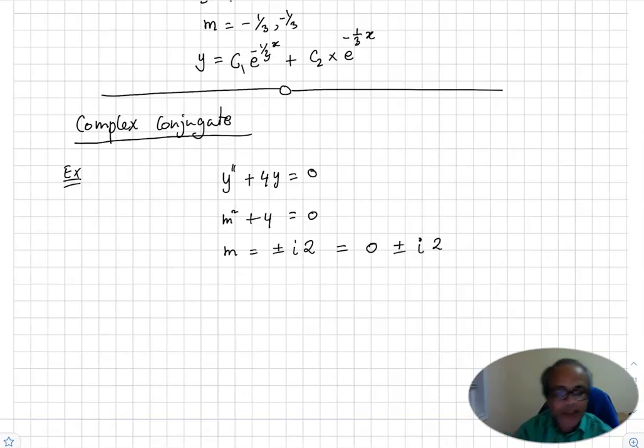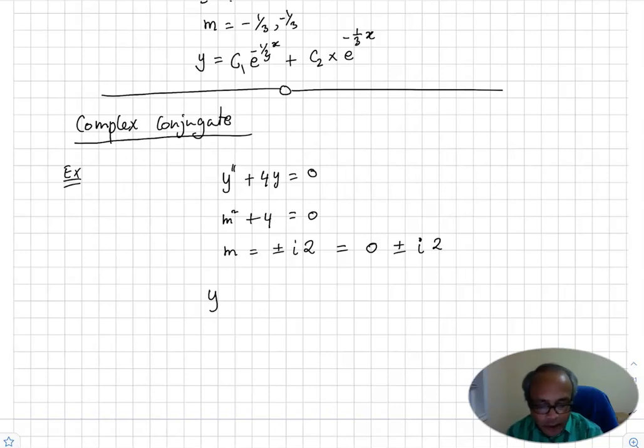You can also think of it this way. Perhaps in this video I have not told you how to deal with the complex conjugate case. So in order to find the general solution, you look at the complex roots.